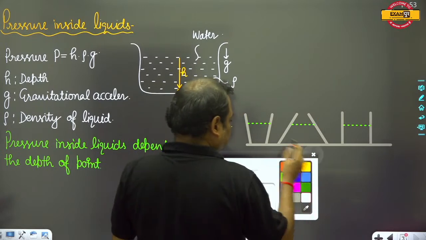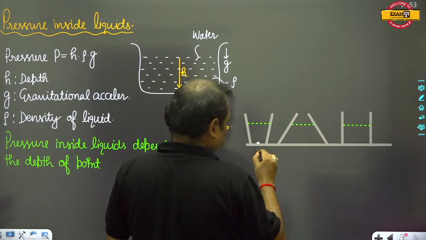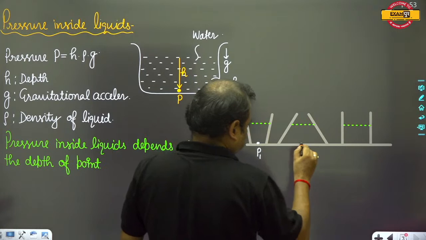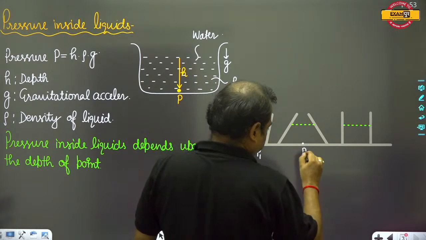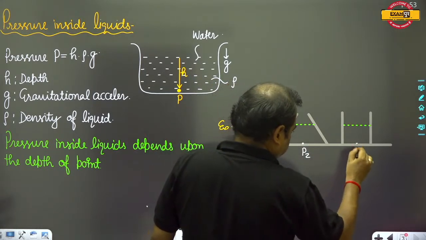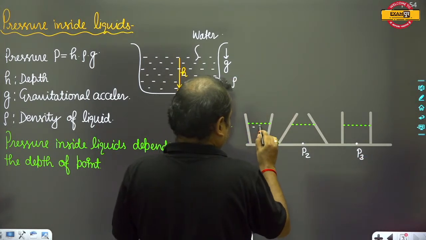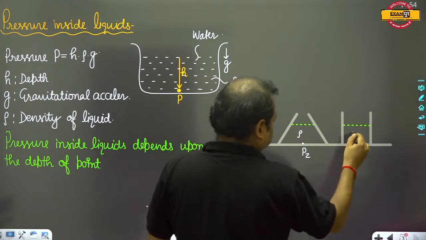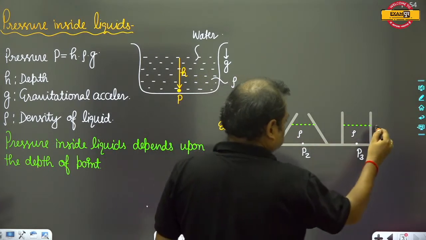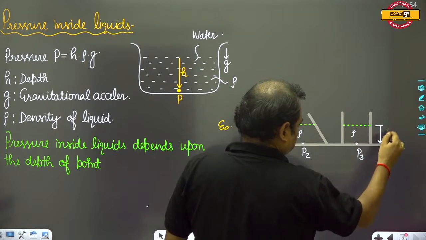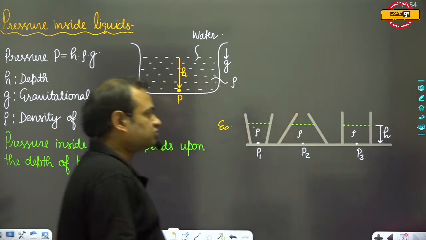Now if the water level is the same in all the pots, then obviously pressure P1, pressure P2 and pressure P3 will be the same, because the liquid is the same and the depth is also the same.